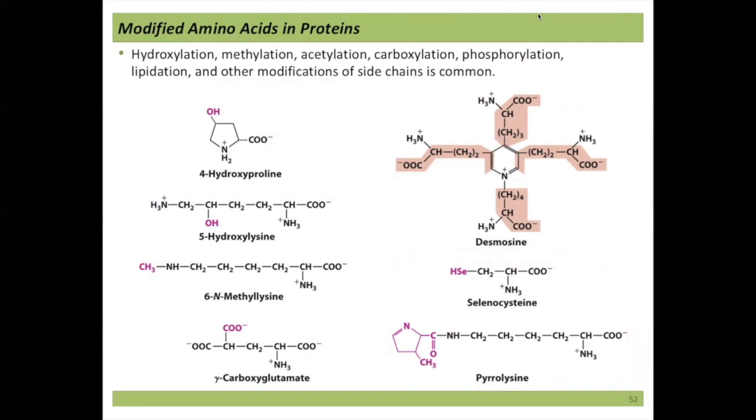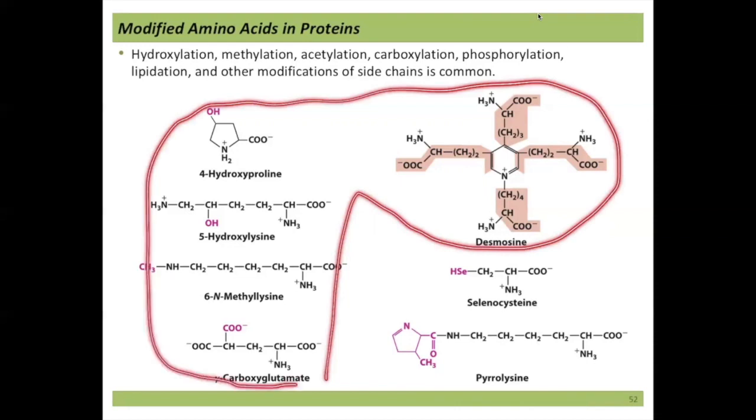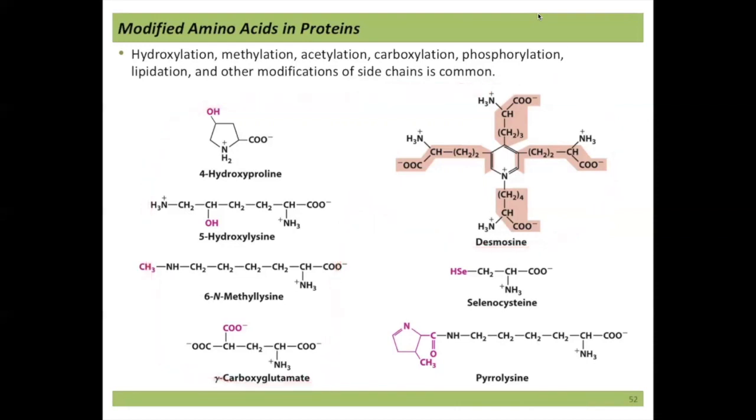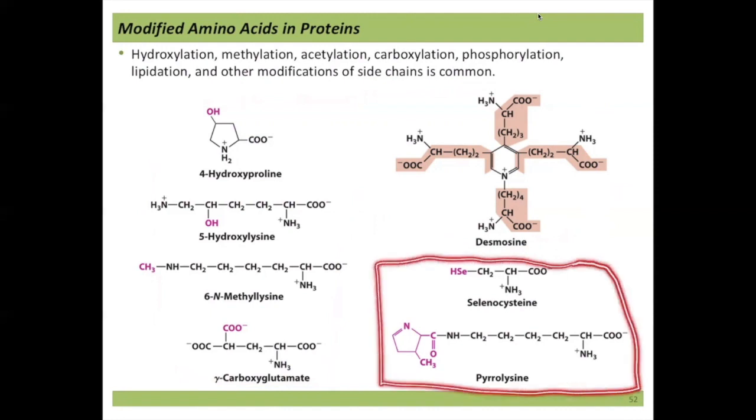All these other examples here, these are what we refer to as post-translational modifications, where we go and modify after the protein has come off the ribosome. So just understand that we can get additional complexity in our proteins by modifying the side chains. And some organisms actually have additional amino acids.